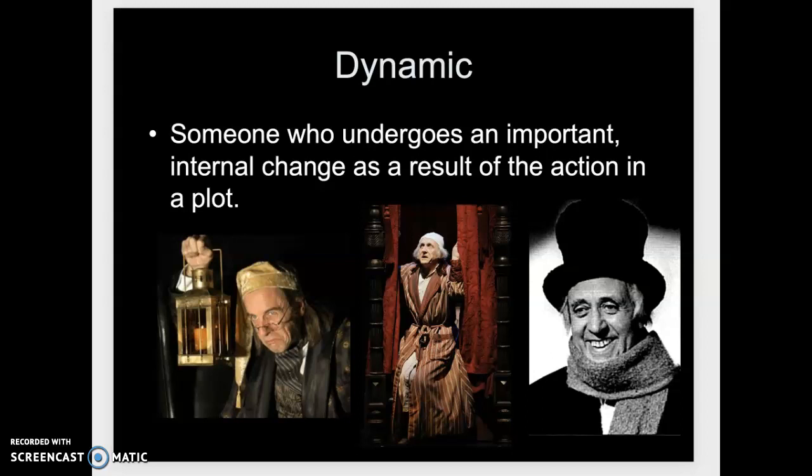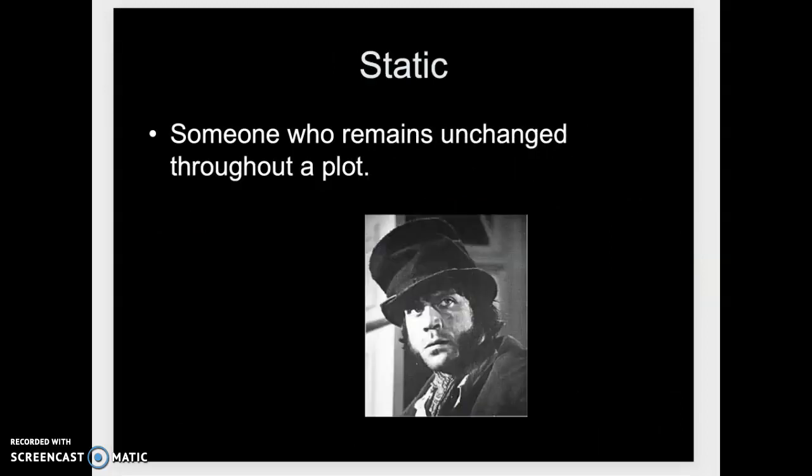He starts off as this miserly old man and ends as this wonderful, jolly, kind human being. He goes through this major change. From the same story, we can look at a static character, Bob Cratchit, who remains completely unchanged throughout the plot. Bob is the same character at the beginning as he is at the end.